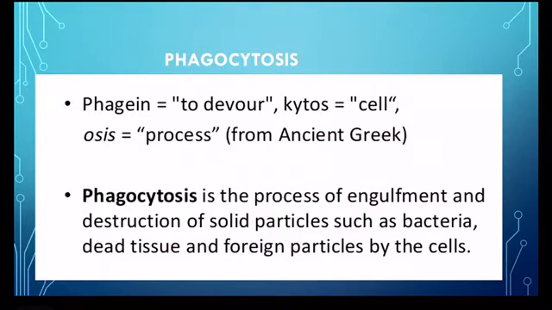It is a process of eating in the form of engulfment, and digesting in the form of destruction of those harmful particles, which particularly are bacteria, dead tissue, and any other foreign particles, by the cells. The process of killing by engulfing is simply termed the phagocytosis process.